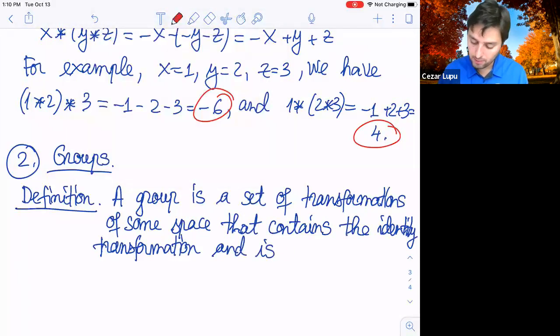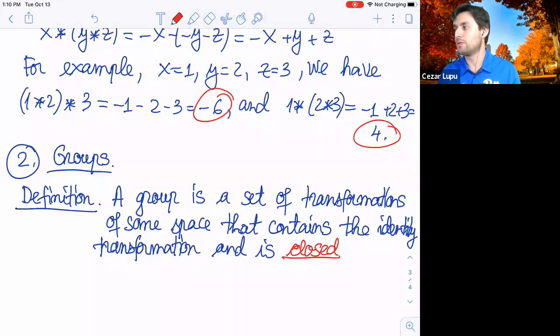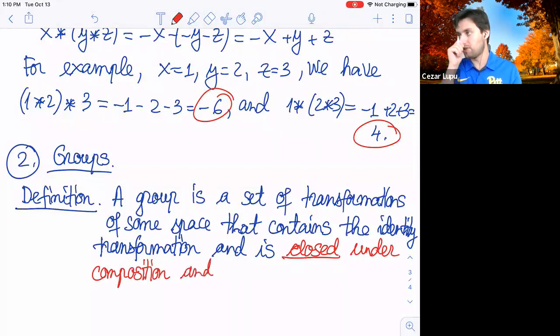And it is closed. This is important. In fact, it's closed under the operation of composition, and under the operation of taking the inverse.